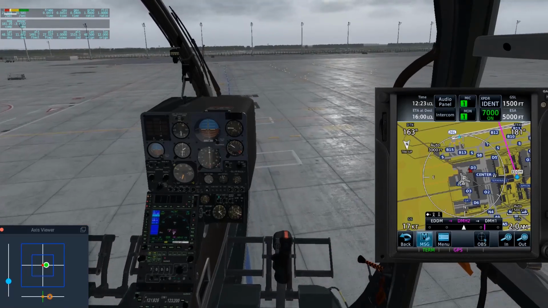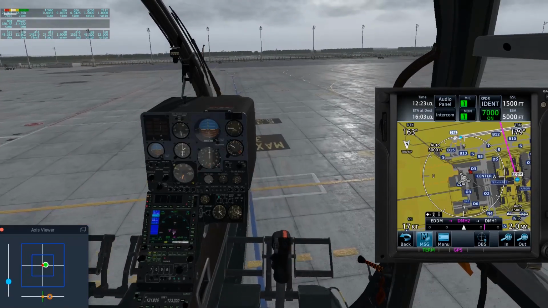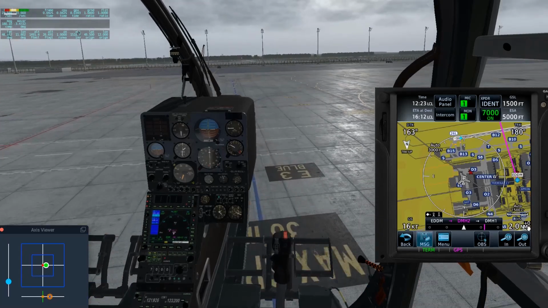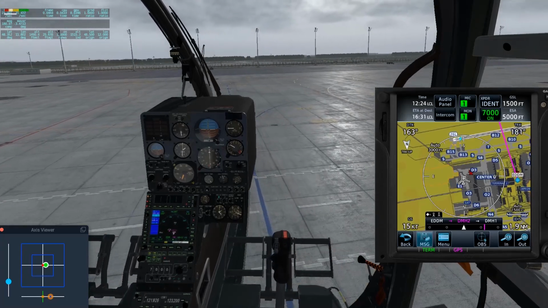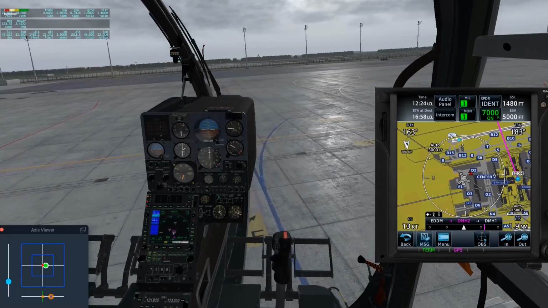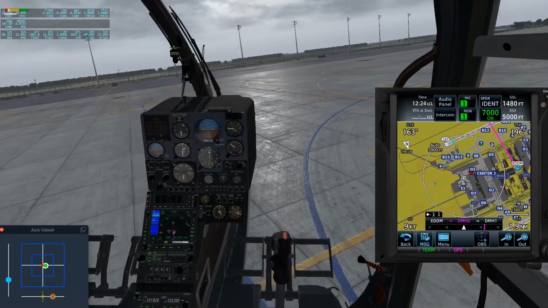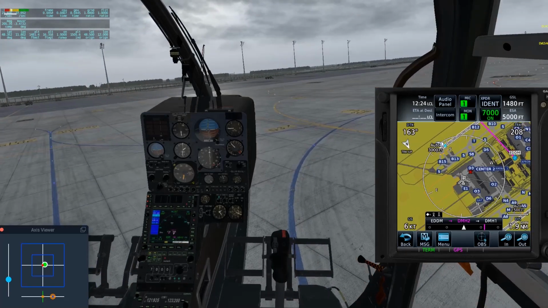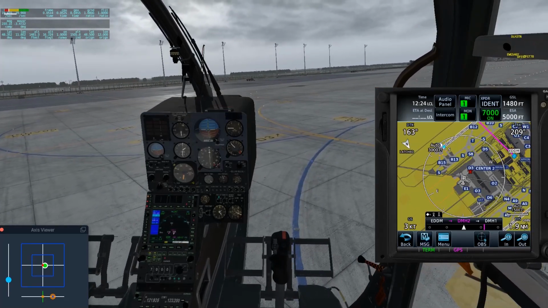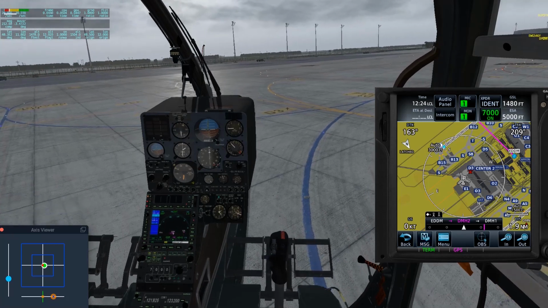Tower 1205, thank you very much, good day. Lufthansa 8 Juliet Tango requesting push. Lufthansa 8 Juliet Tango, pushback approved, face north. Pushback approved, face north, Lufthansa 8 Juliet Tango.